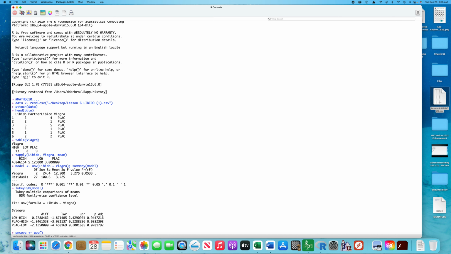So I want to look at the libido again, based on the Viagra dose, but then I want to add in the covariate. Again, I want you to run the ANCOVA designs like this because I like to see, given that Viagra is in the model, what does partner libido add?